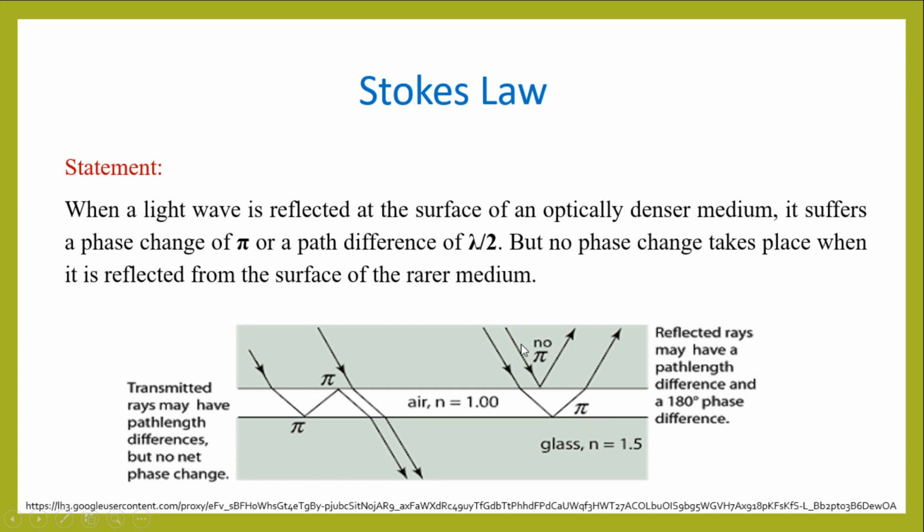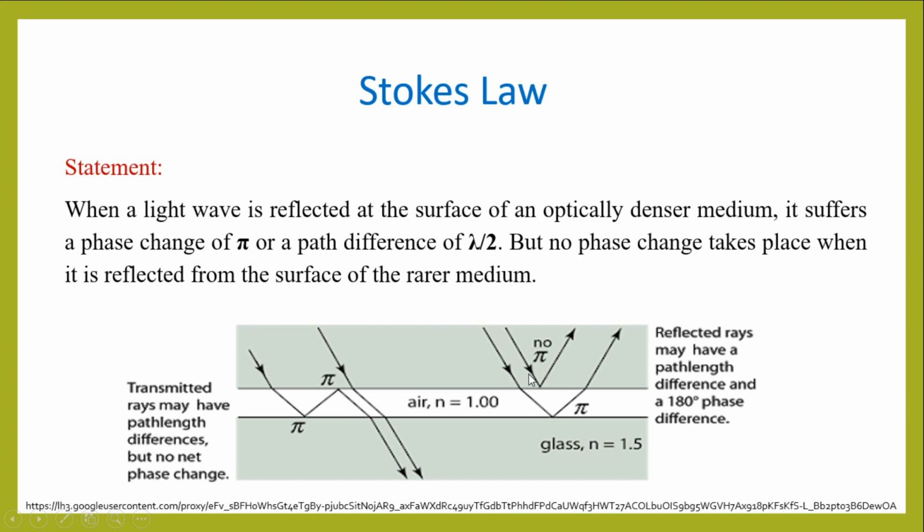But if you look into this particular ray, the ray coming inside the denser medium, inside the glass medium, and reflecting from the air medium, then this ray will not undergo any phase change. That is, there is no change in the phase.